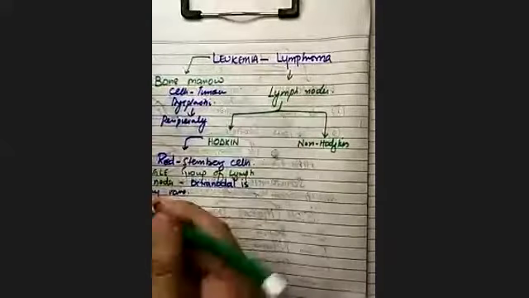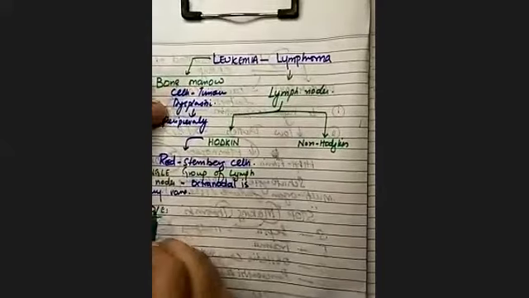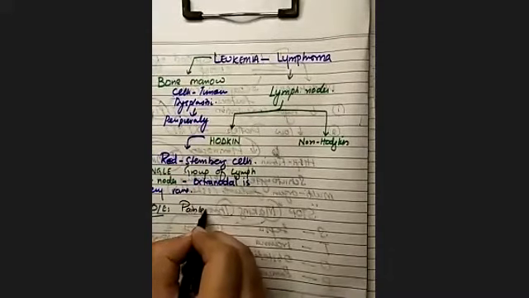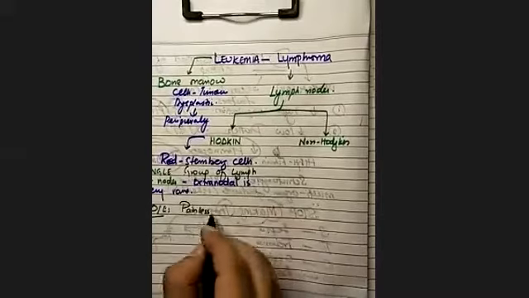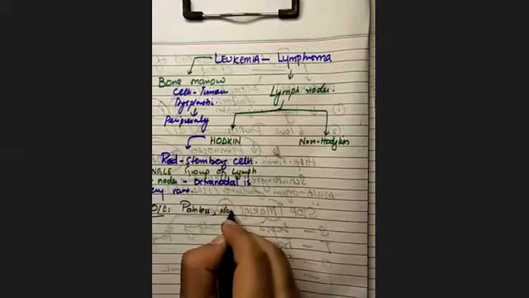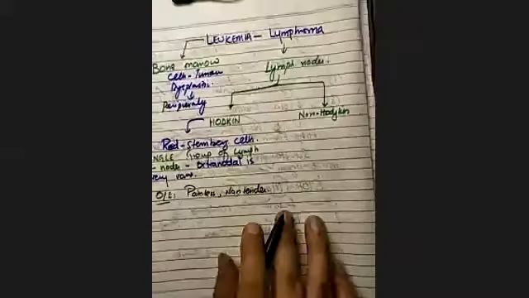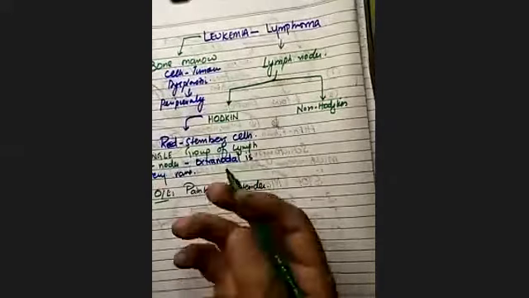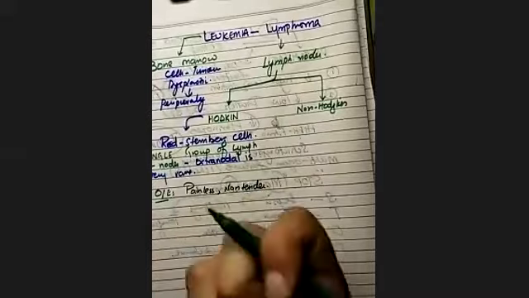So on examination, what you see is a painless lymph node, which is non-tender, and of course these nodes feel like a rubber ball.